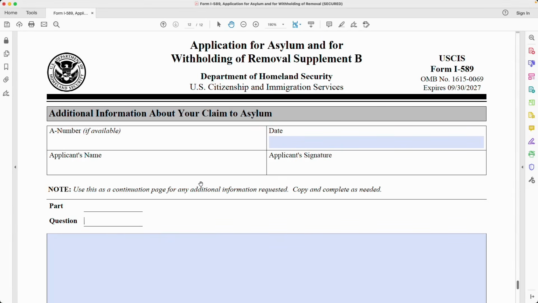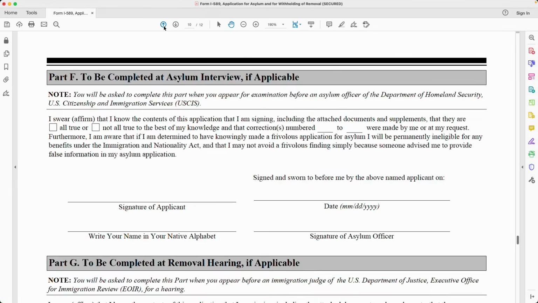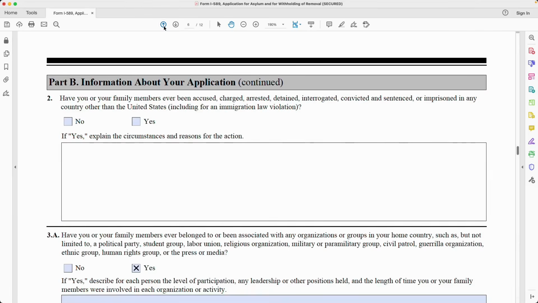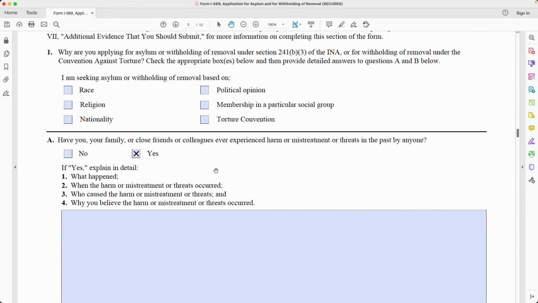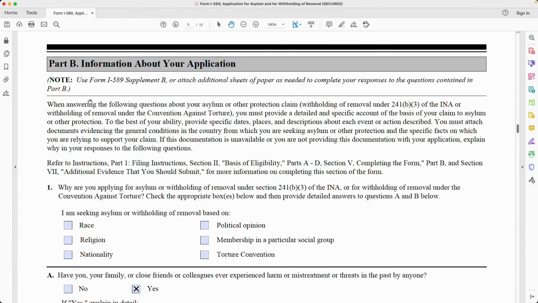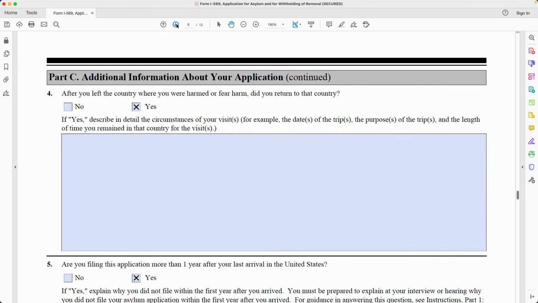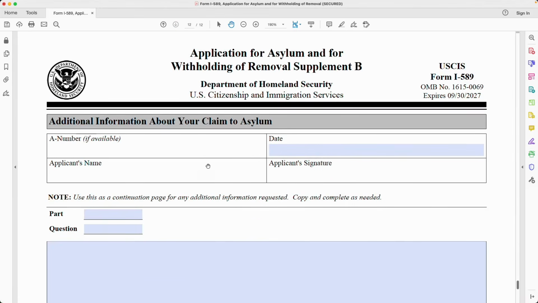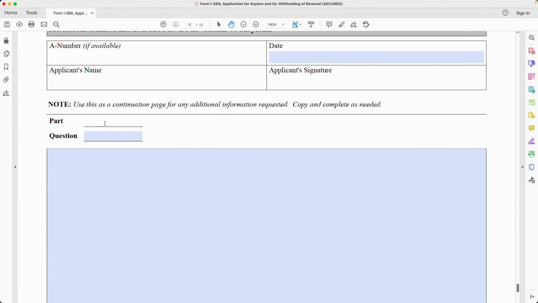For example, if you need additional room to answer the first question about your asylum claim, this one here about if you've ever experienced harm or mistreatment or threats in the past, you'll look here and see that it's in Part B, Question 1A. So then you'll go back to Supplement B on the last page of the form, and you would write in Part B, Question 1A.